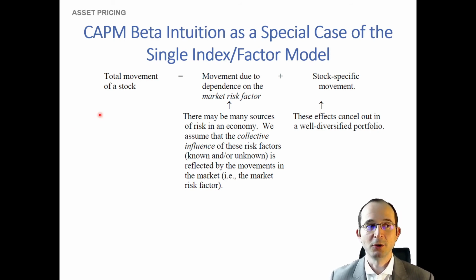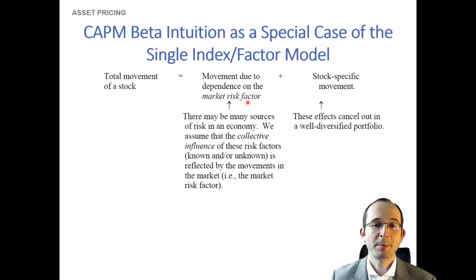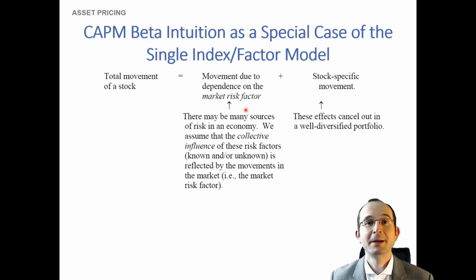Essentially, we're saying that the total price change in a risk asset, such as a stock, is going to depend on two large things. First of all, the movement in the macro risk factor, which is to say the market, in the case of the CAPM. And even though there could be many separate sources of risk, they all get reflected in the market as this aggregate macroeconomic risk factor.